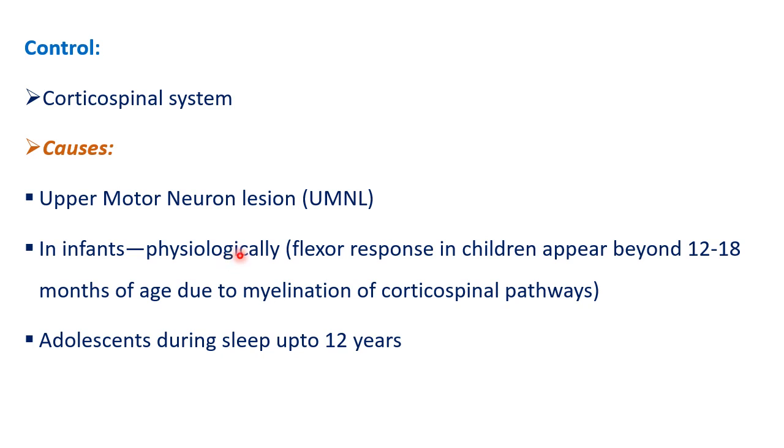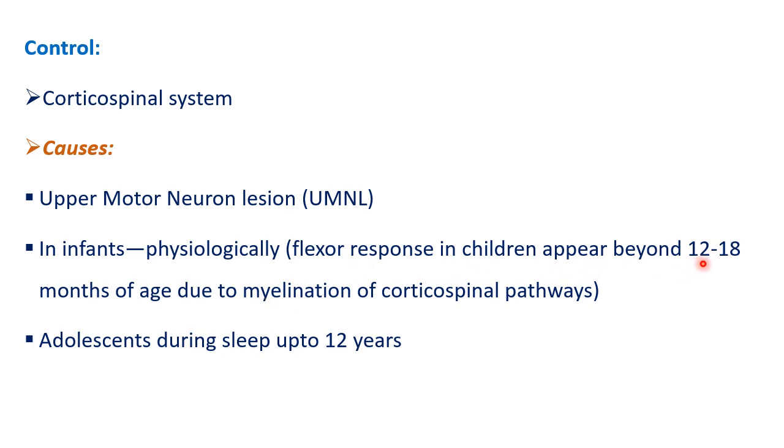If we try to elicit the Babinski sign, it will be positive because it is physiological, it is normal, not abnormal. We have to take into consideration the age of the child also. As myelination progresses, the flexor response in the child starts appearing, and it appears by 12 to 18 months of age.